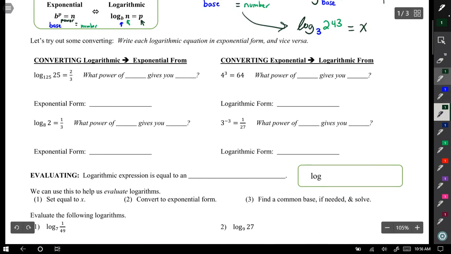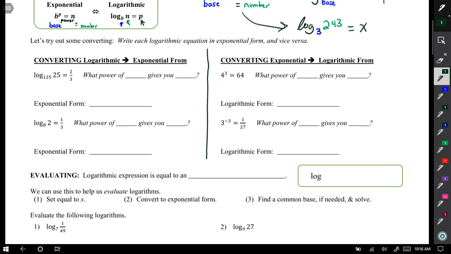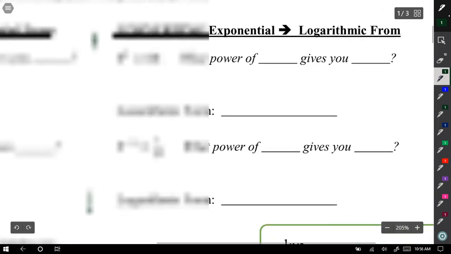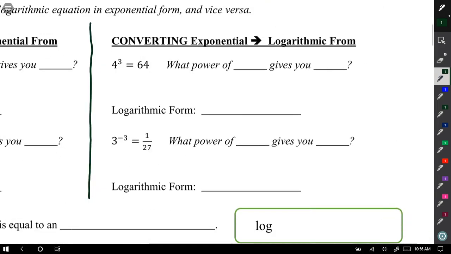And I'm going to go left to right on this. I'm going to draw this line to separate them. Let's focus on the right side first. We're comfortable with exponential. It's something we're used to. So if I'm going through and I'm looking at this, I have 4 cubed equals 64. 4 is my base. 3 is my power.